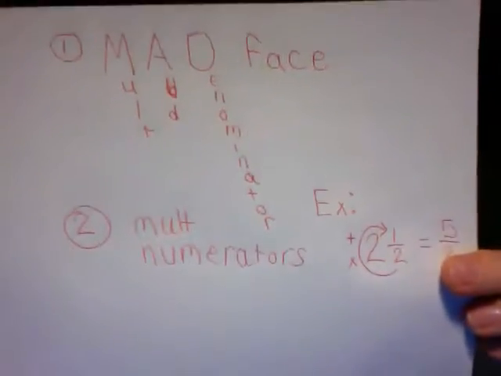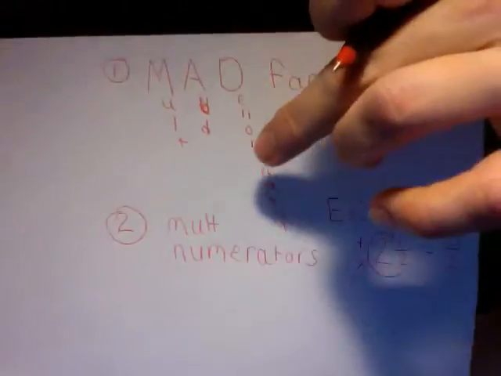And finally, step 3, multiply the denominators.